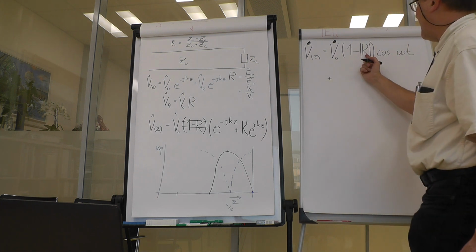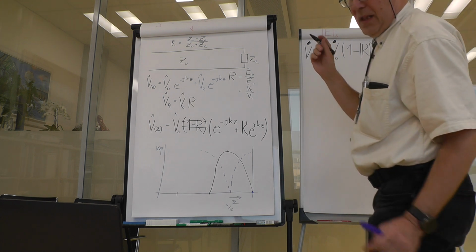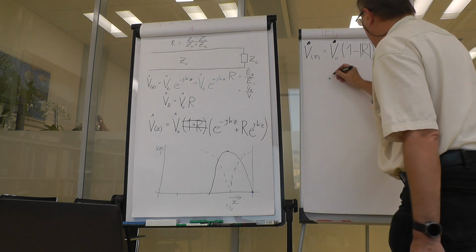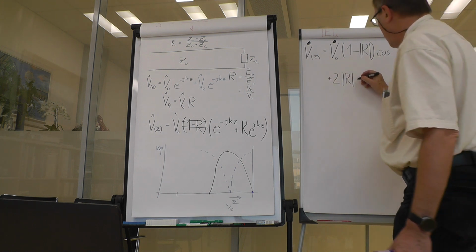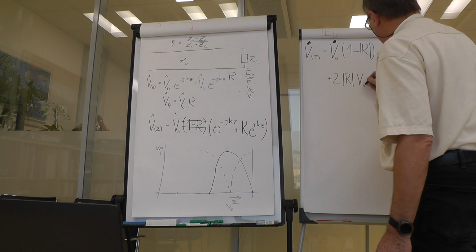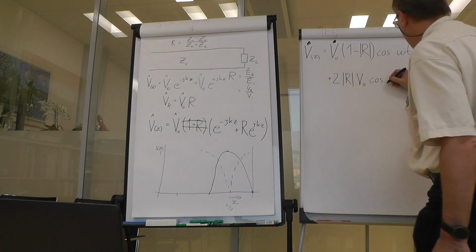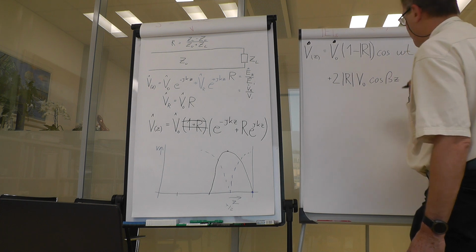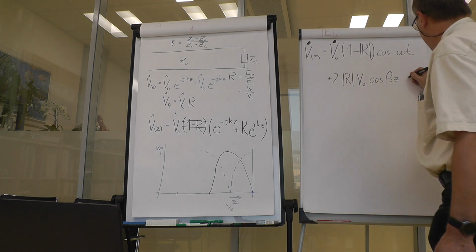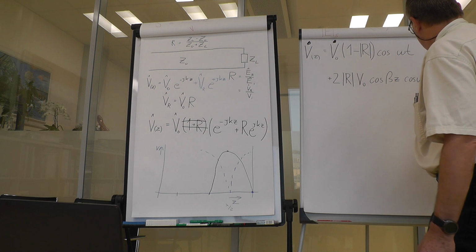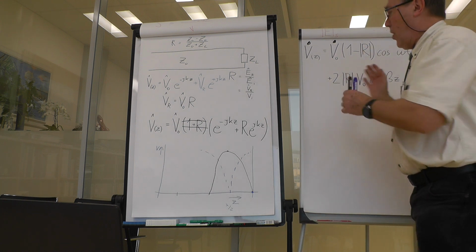In the case that R is not 0, there would be another component which is now a little bit more complicated, and that is 2R V0 cosine, and that is more or less the result.